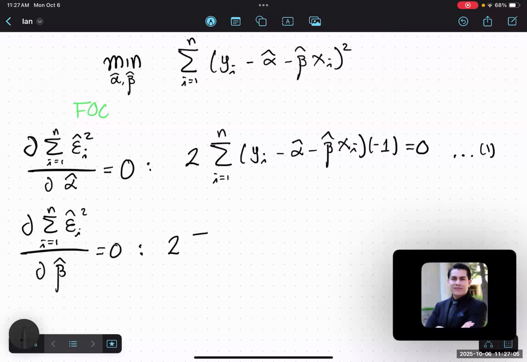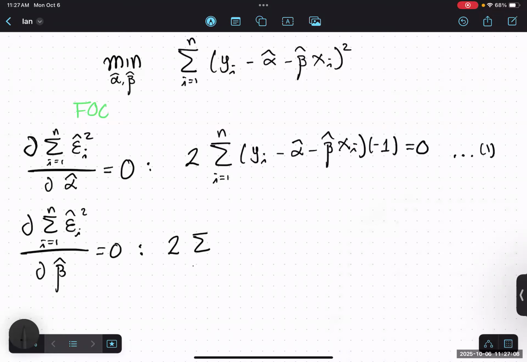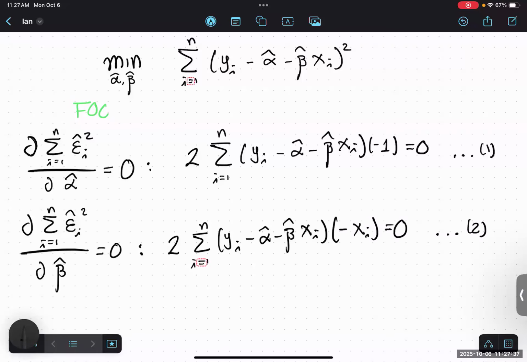Which means that this is also 2 times the sum from 1 to n of what we have inside the parentheses times the derivative of what we have inside the parentheses, but this time with respect to beta hat, which in this case is negative xi. And everything is equal to 0. And I will call this guy my equation number 2.